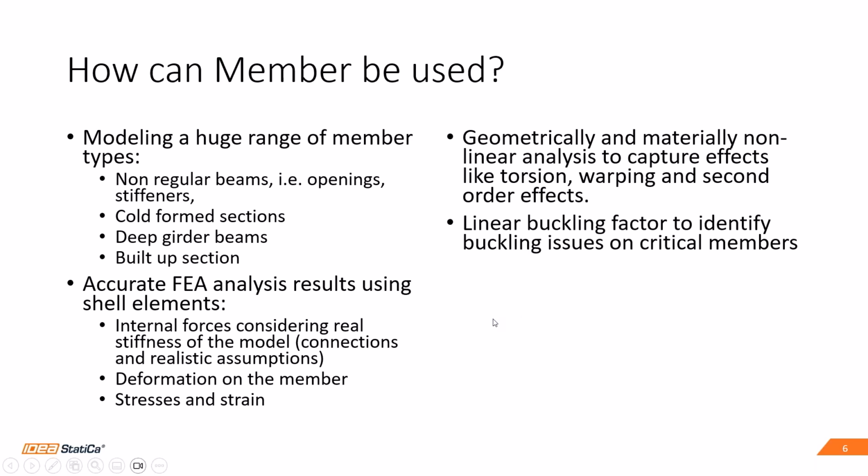Then the last point is that you can identify buckling issues on critical members, like they mentioned in this point over here. And you can use this factor to see if you need to either reinforce or run another type of analysis, like the geometrically nonlinear analysis. All right. So this is like a summary of what you can do with Member.